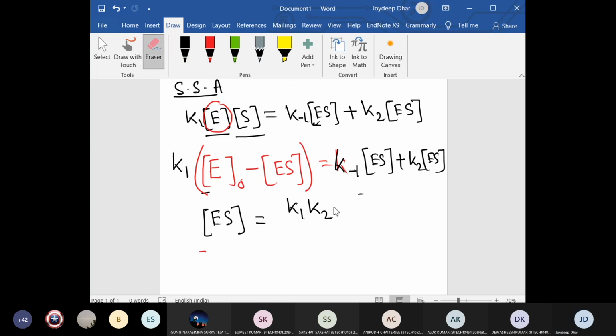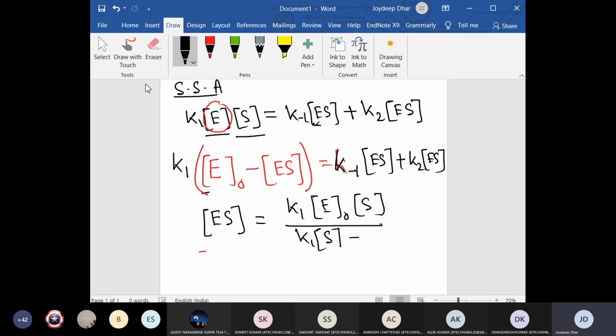It will be E0 into S, K1 into S plus K minus 1 plus K2.